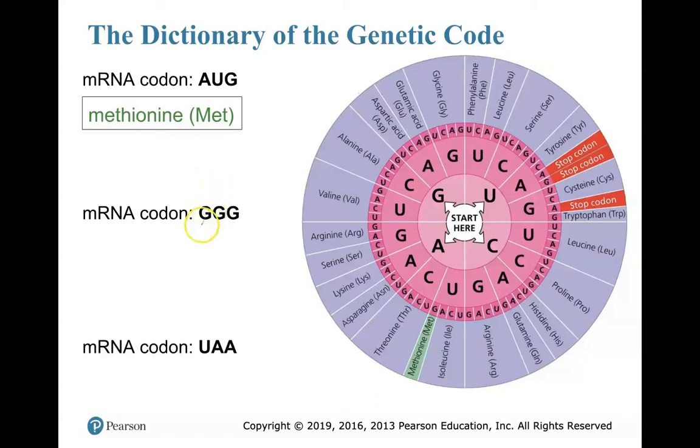So mRNA codon GGG triplet. I'll always start here. I'm going to go to G. Next, I'm going to go to G. Notice that I didn't go from this G to this G over here, because I need to stay in this quadrant of the wheel. Because the first letter was not a U, I would ignore all these other quadrants. I'm staying over here.